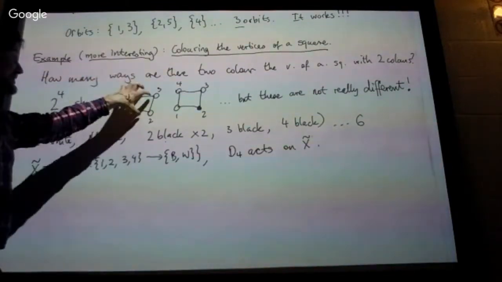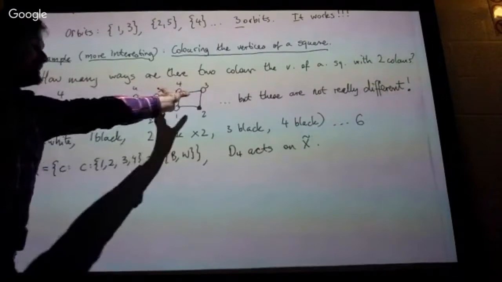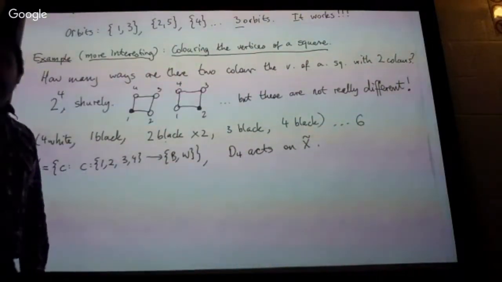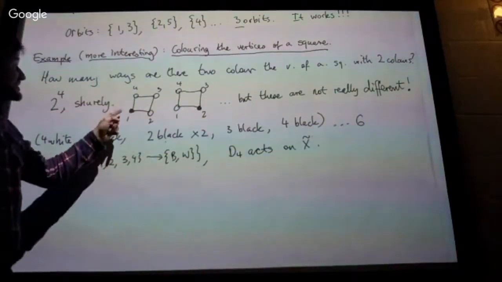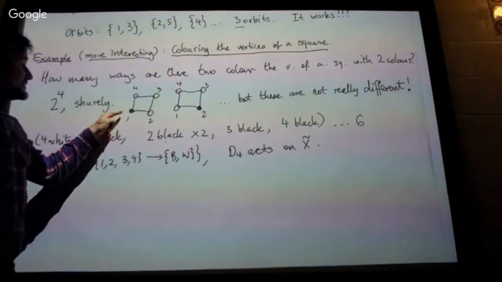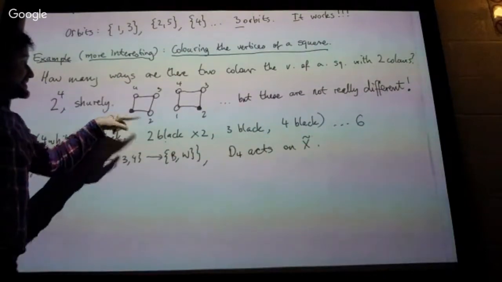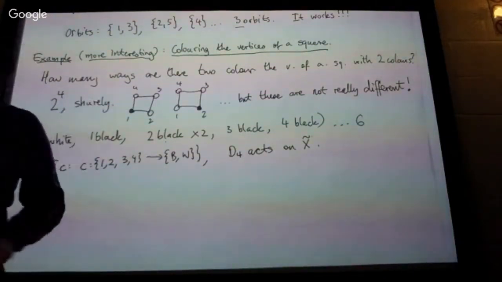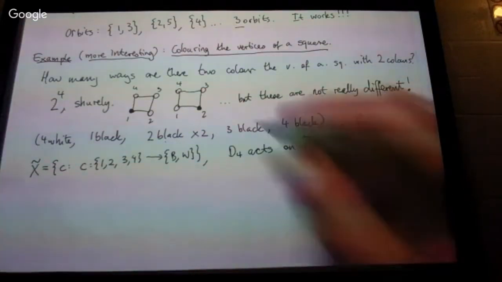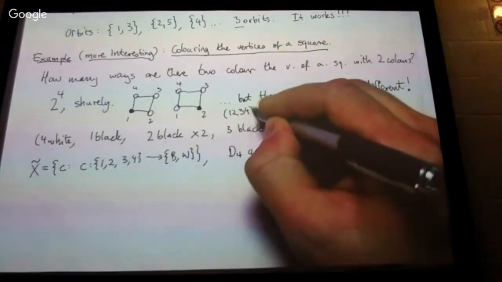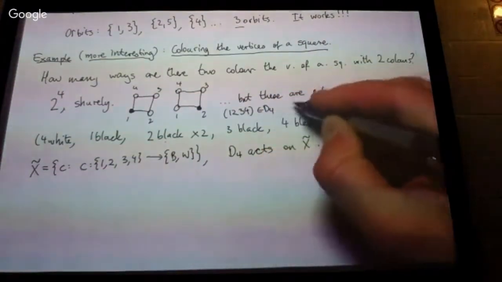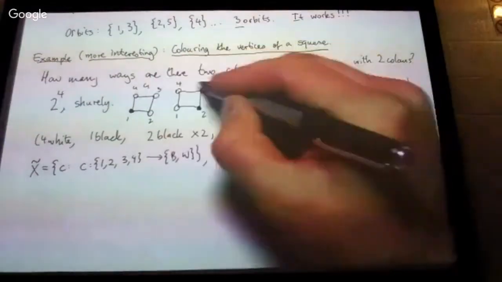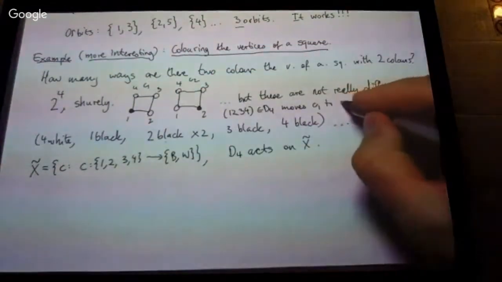So for example, you rotate this square, and this coloring, you get this coloring. So the rotation, you can see there's a permutation of the vertices. So here that would be the permutation 1, 2, 3, 4. C1, so this is coloring 1, and this is coloring 2, to C2.